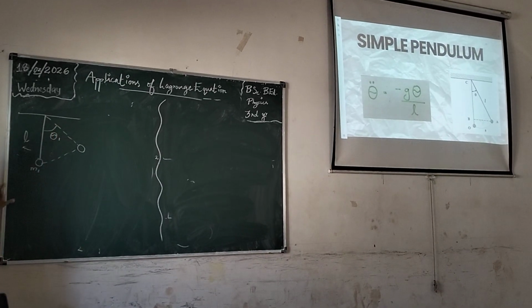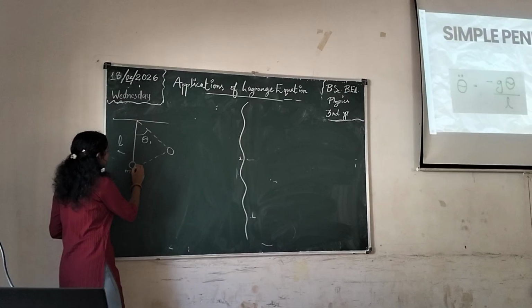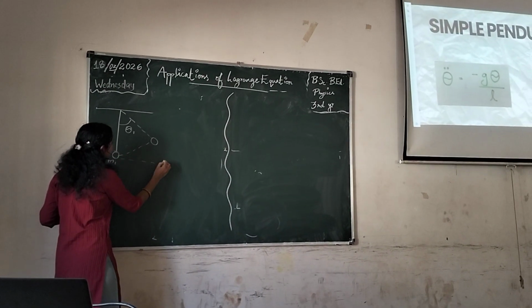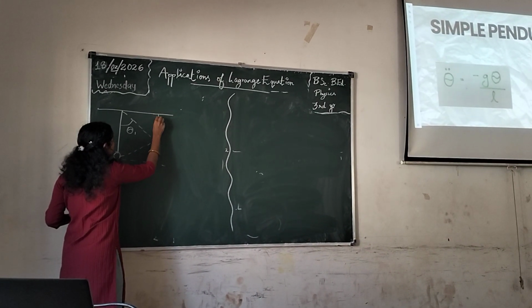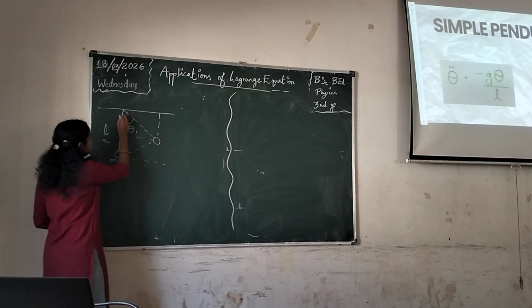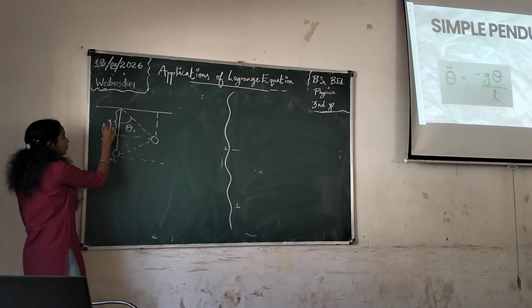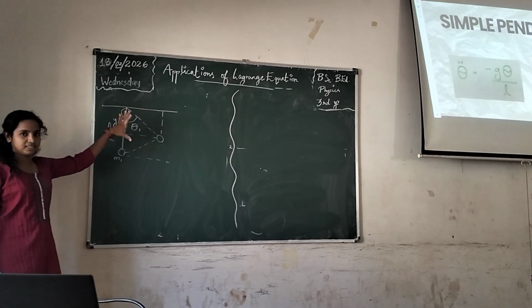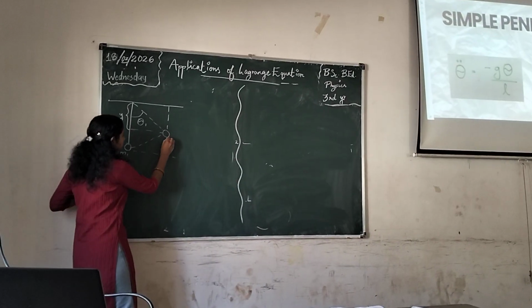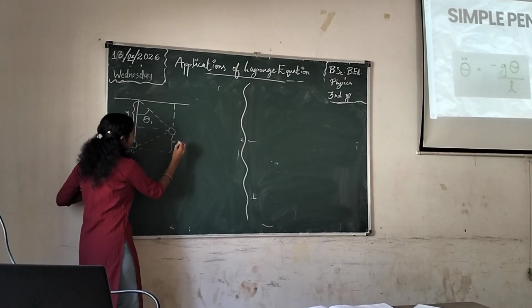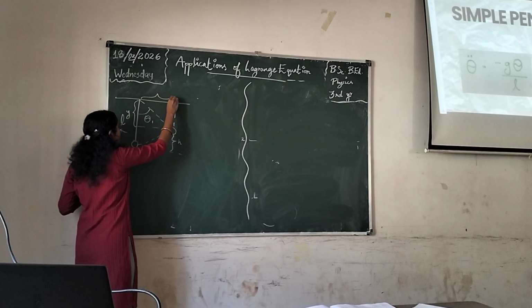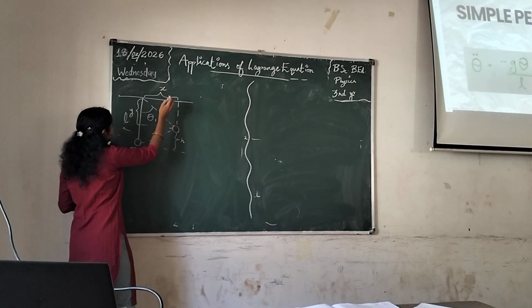We are taking our equilibrium point from here, so this distance will be y, the total distance is L, this leftover part we are taking as h, and this will be x. I hope this figure is clear.